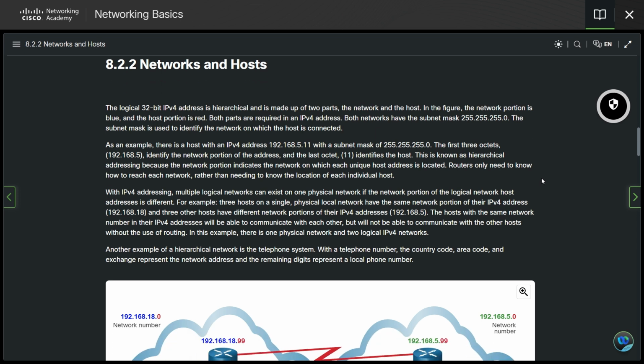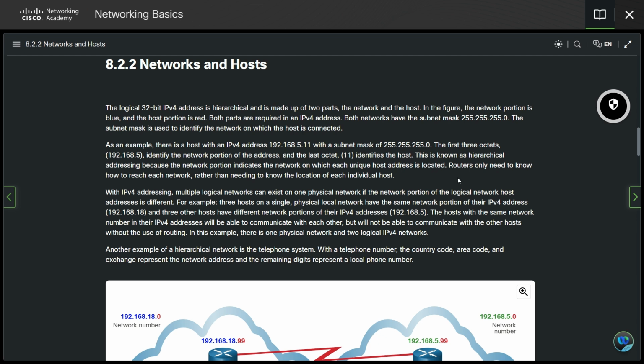As an example, there is a host with an IPv4 address 192.178.5.11 and a subnet mask. The first three octets, 192.178.5, identify the network portion of the address, and the last octet, 11, identifies the host.